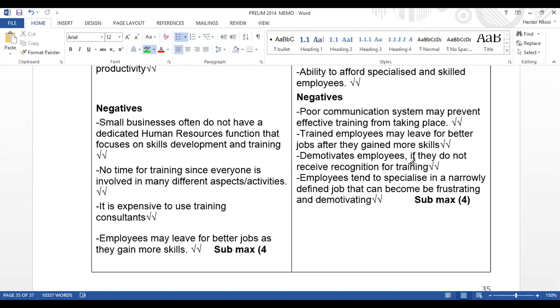Right, grade 12s, trained employees may leave for better jobs after they've gained more skills. Also, it demotivates employees if they do not receive recognition for training. So it is very vital for employees to gain recognition for training.